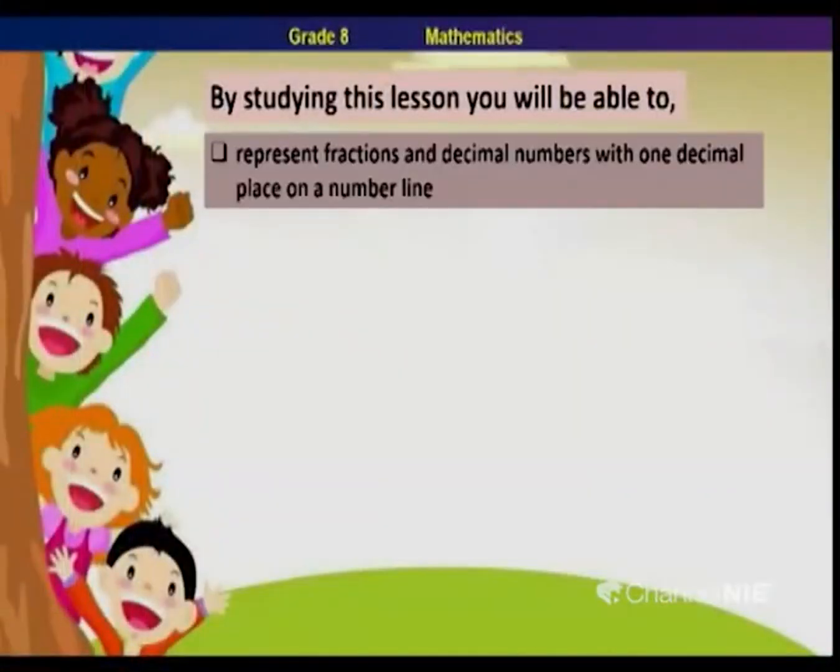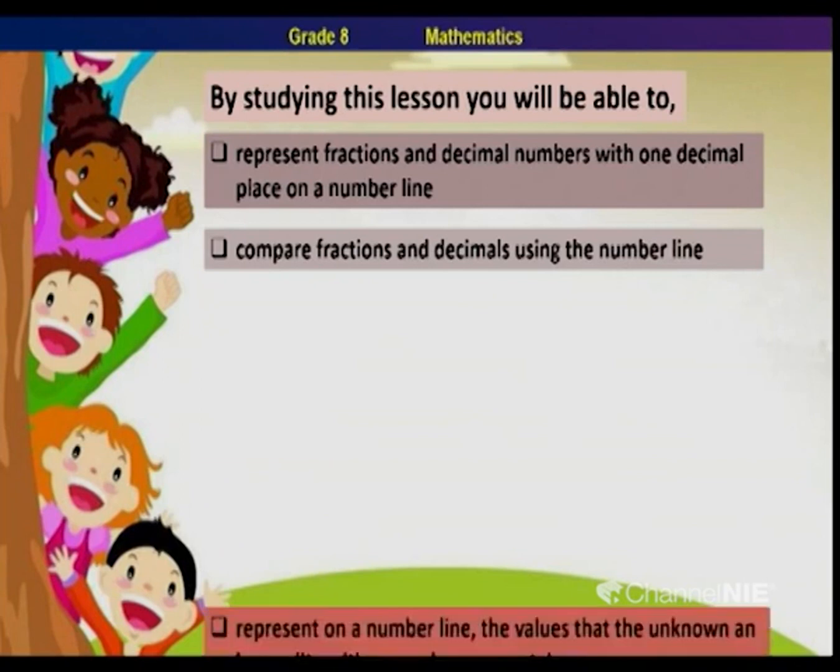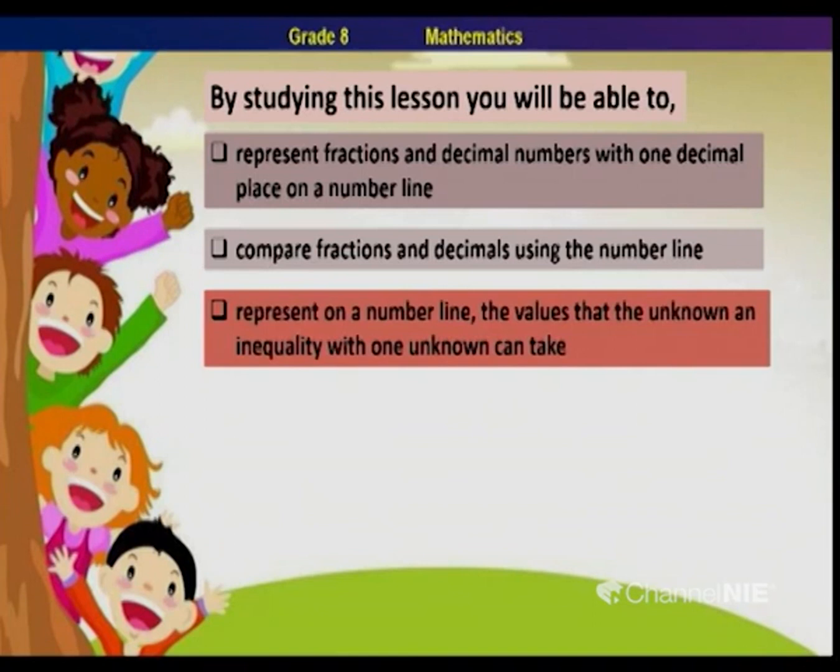Okay children, look at that. By studying this lesson, you will be able to represent fractions and decimal numbers with one decimal place on a number line. Compare fractions and decimals using the number line. Represent on the number line the values that the unknown in an inequality with one unknown can take.